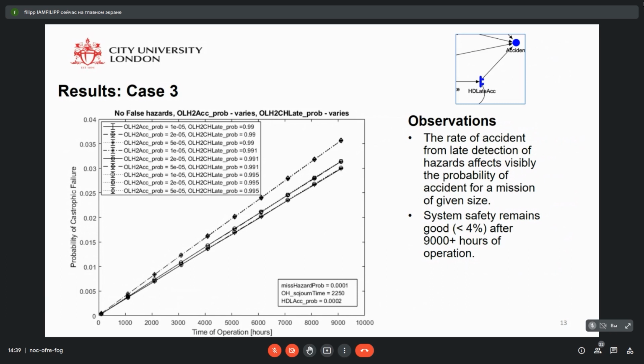Again, it is visibly affecting it. The curves are quite different, but overall it's 4% over 9,000 hours of operation. Again, quite a limited impact.